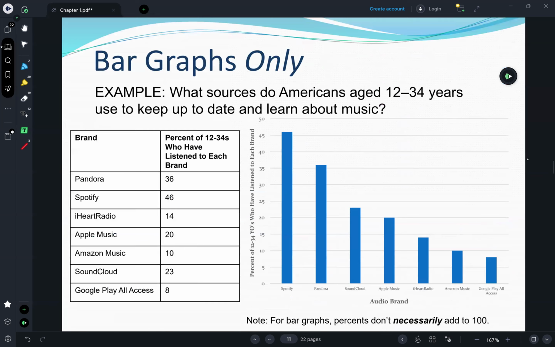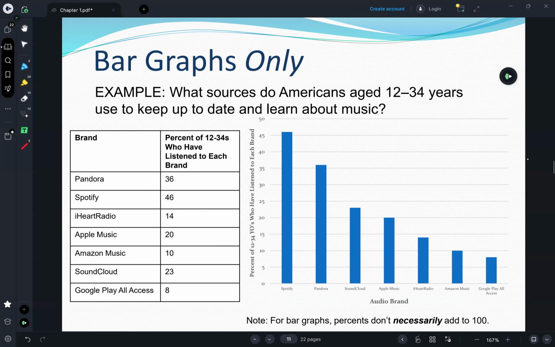Here is from largest to smallest for a different data set. This is using Americans aged 12 to 34 years, what they use to keep up to date and learn about music. So Spotify is number 1, right? And the Google Play is the least number. So that's the percentages.